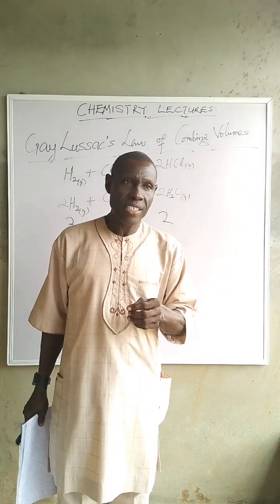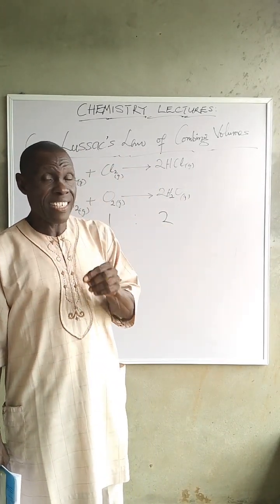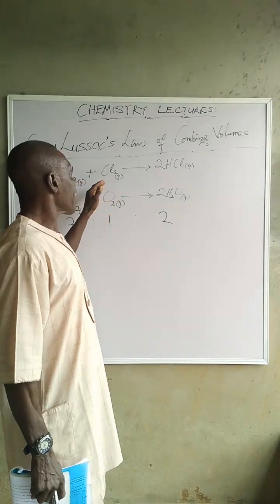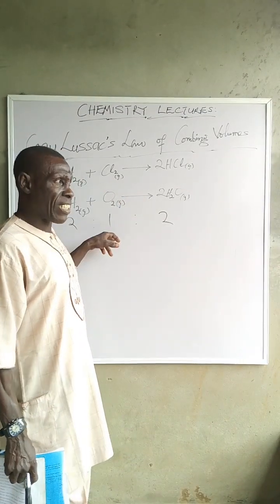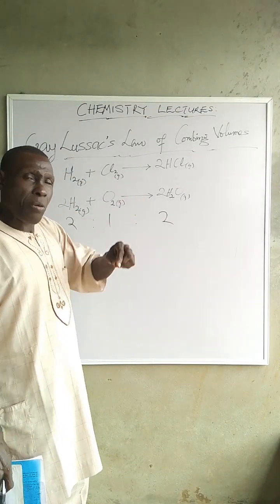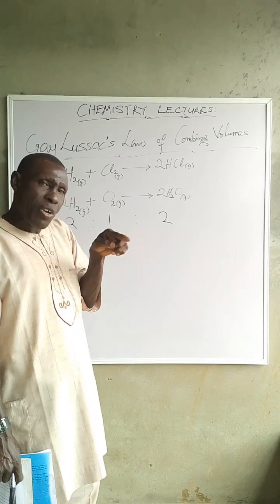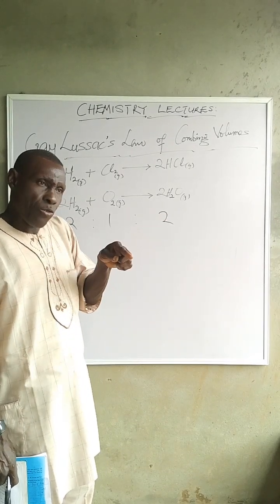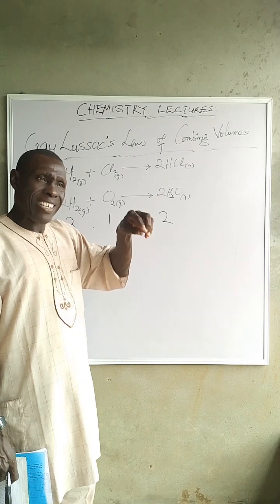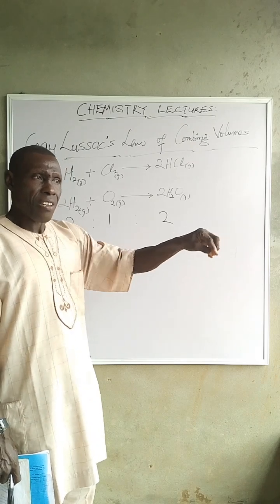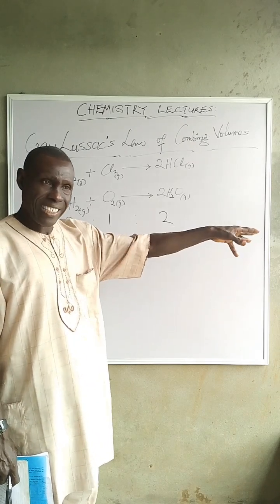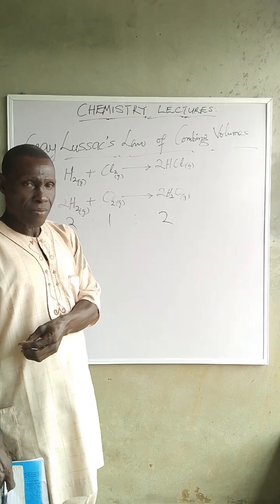As a chemistry student, it is very significant that once you put down a chemical equation of this nature, you must be able to balance it. When you balance the equation, the coefficients will tell you the respective volumes of the gases that are combining in that reaction.